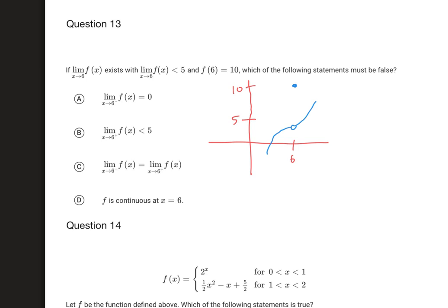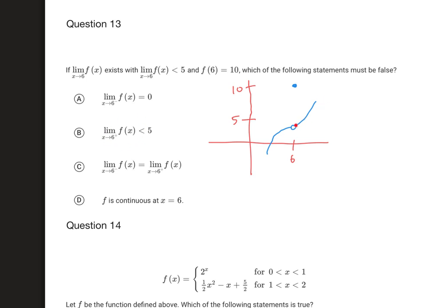So notice the limit as x approaches 6 exists and is less than 5, but then you have this random point above here. So let's look at all the answer choices. Does the limit as x approaches 6 from the left have to equal 0? No, it could equal anything, but just something less than 5. Does the limit as x approaches 6 from the right have to be less than 5?